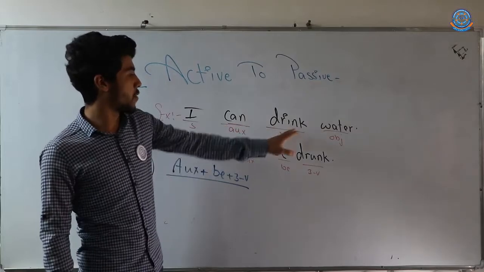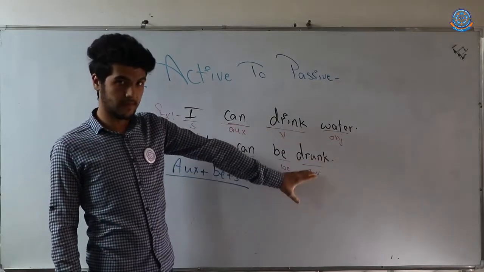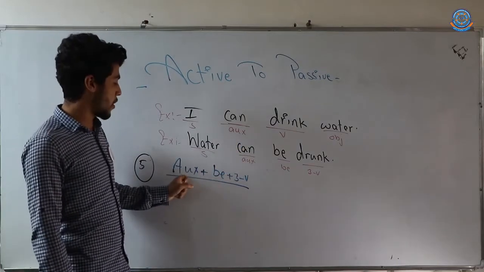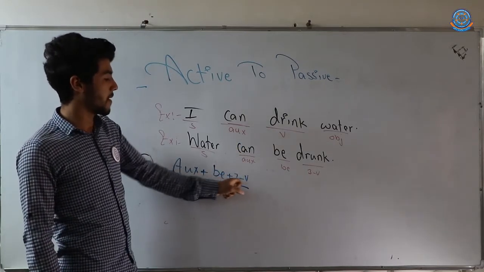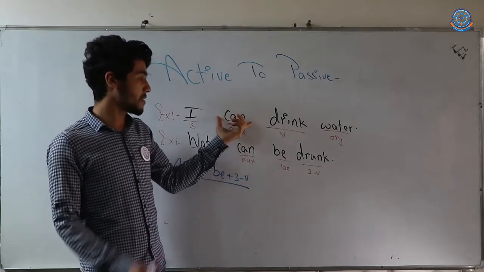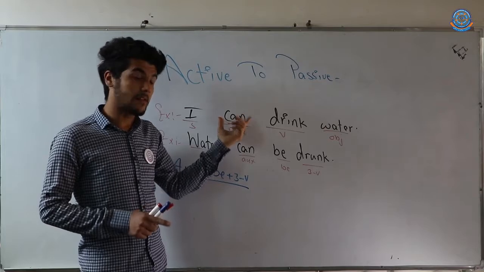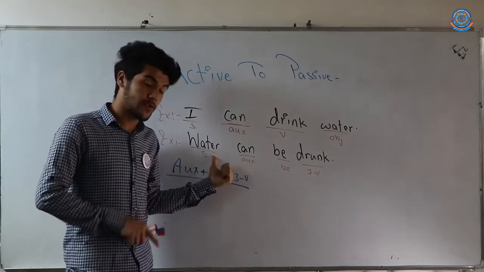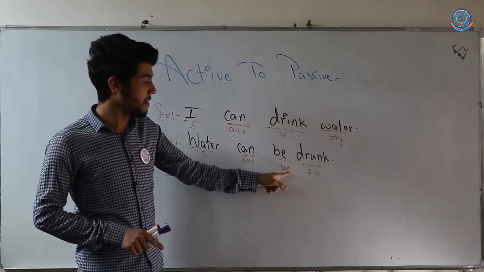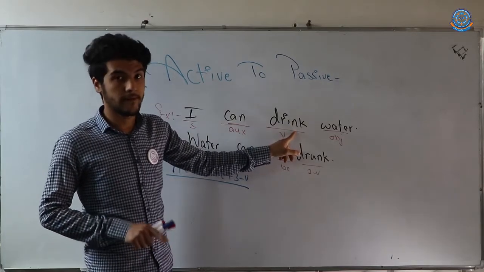For example, I can drink water. Water can be drunk. That is the structure that we have for them. It is auxiliary verb plus be plus third form of the verb. I mean, we use that auxiliary verb from the active sentence again in the passive sentence after the subject. Any auxiliary verb. After that, we use be. And after be, the third form or past participle form of the verb.